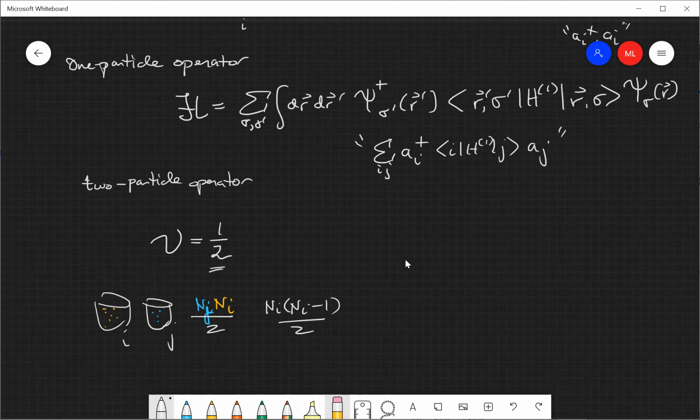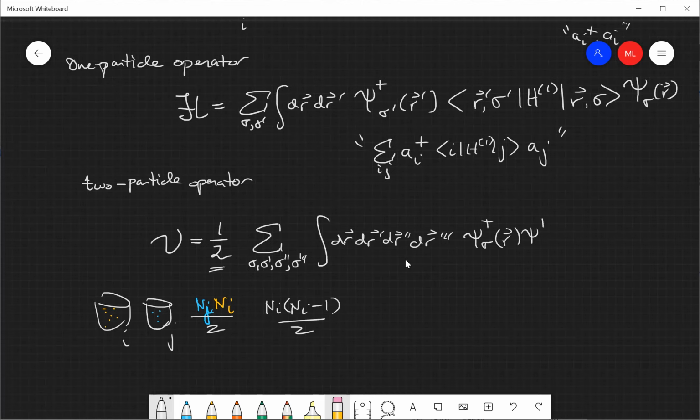So what do we have here? Again, the two-body operator is a sum over 4 states. It's a little bit awkward to write down, but let's write it down. We're in no rush in particular. So you have this guy, and then you create particles in the first state and the second state.